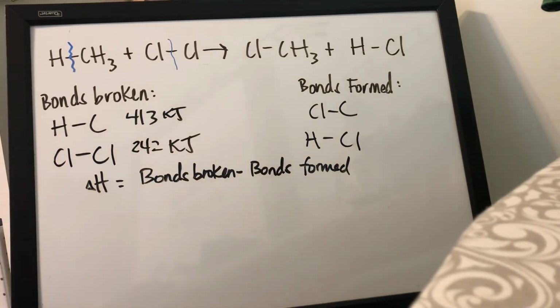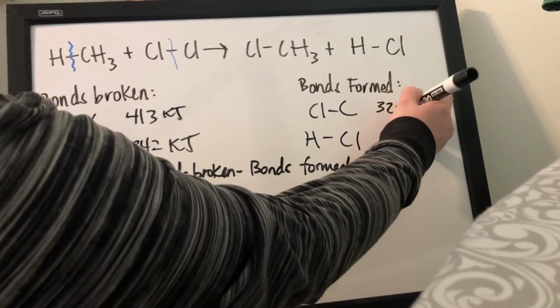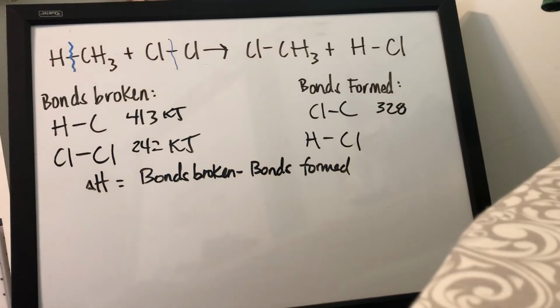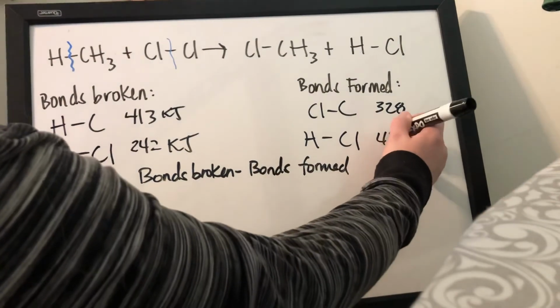We do the same thing for the ones that we formed. A chlorine carbon bond, there it is, 328. We pay attention to whether these were single, double, or triple, because you'll notice in your chart they are broken down by single bonds and then multiple bonds, so be careful, but these ones are all single. And then the hydrogen chlorine bond is 431.